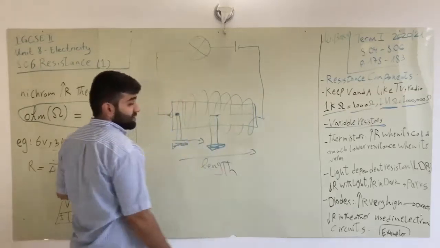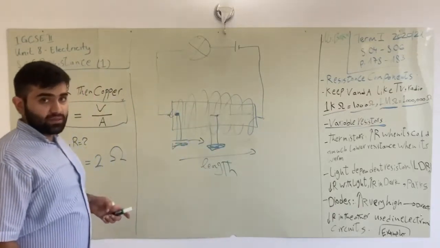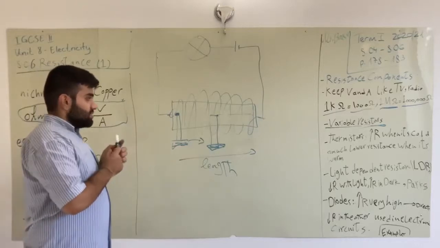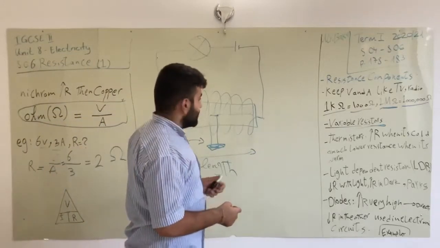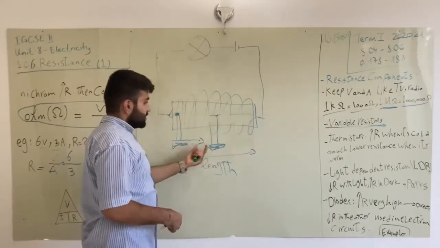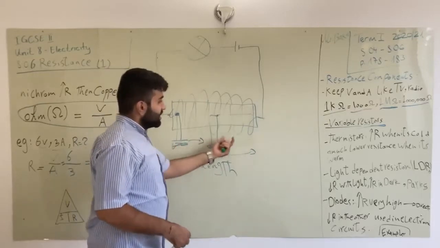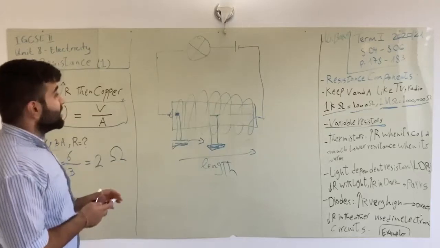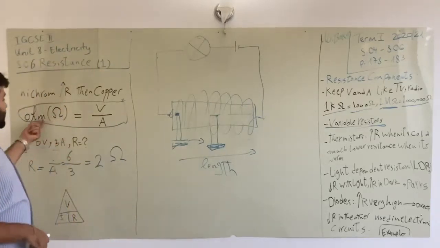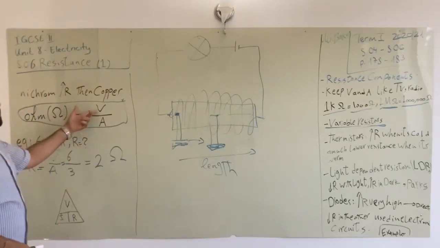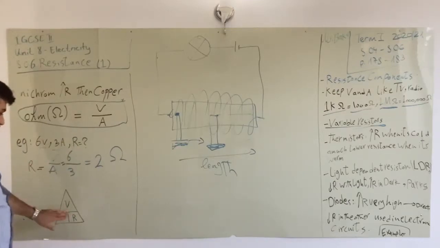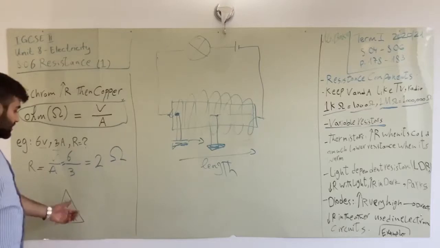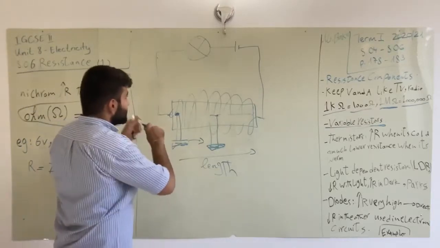Okay? So more length, what does that mean? That means more resistance. So we change this up and down, less resistance and more resistance. What will happen with us? It's playing with volts. So when I play with ohms, what will change? It will change the volt. Like we see, if we want the volt, it's the current multiplied by the resistance. So if I change it, what will happen to this lamp?